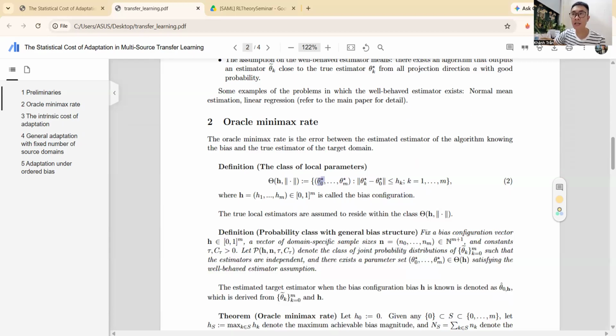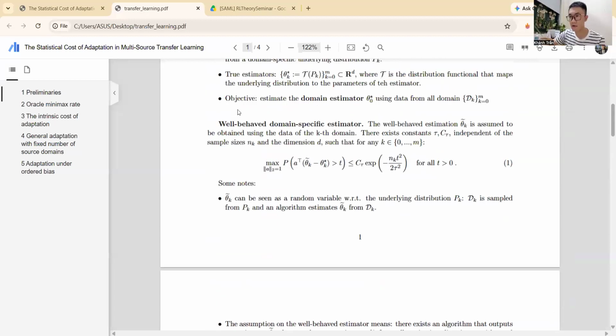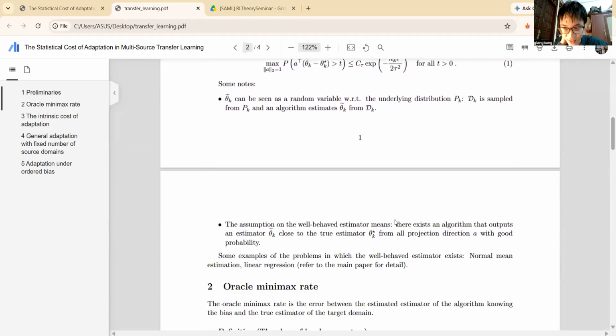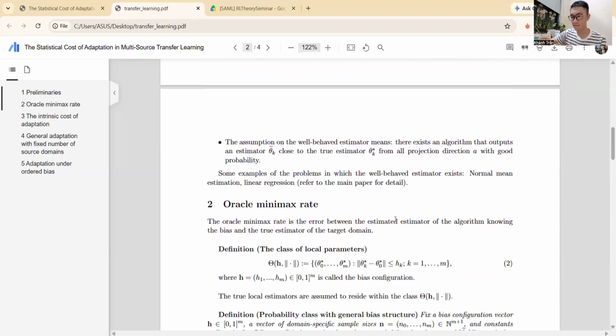For each domain, we have a true estimator. Okay, so we have one target domain, and the rest are source domains. Yes. Okay, k equals 0. Sorry, I didn't pay attention to that part.